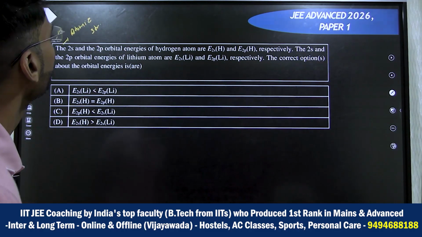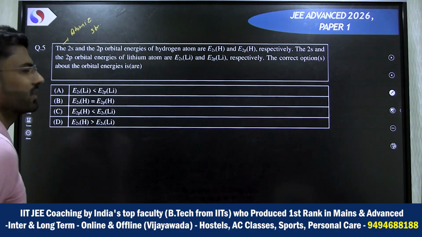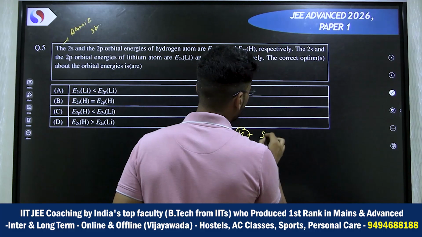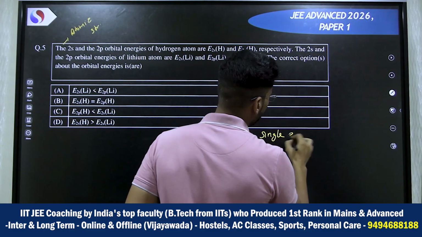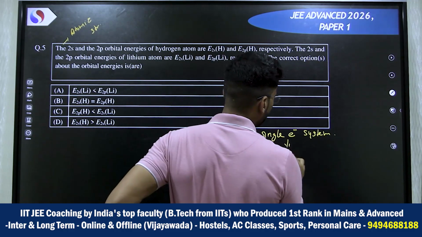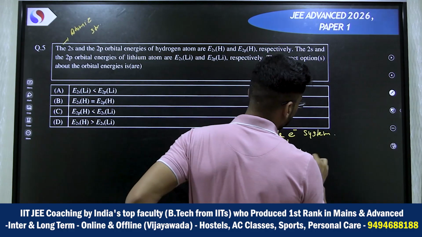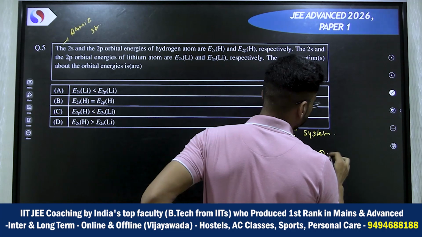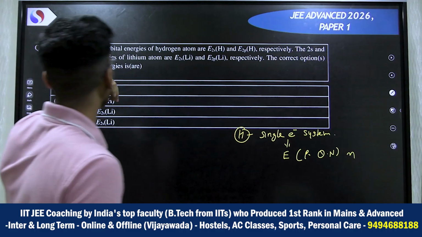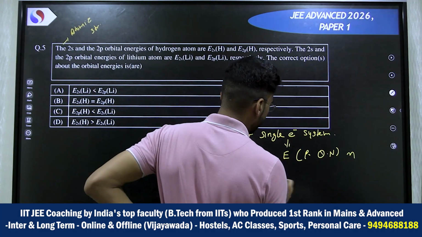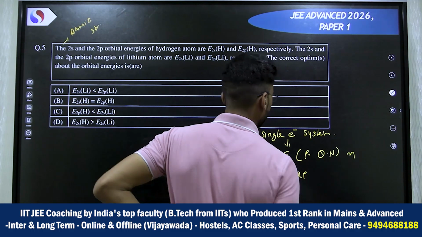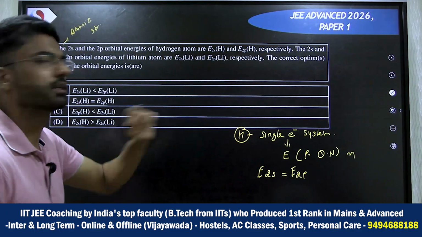For the hydrogen atom, which is a single electron system, the energy depends upon the principal quantum number, the value of n. They have given 2s and 2p, both have the same n, so the energy of the 2s orbital will be equal to the 2p orbital, because it is a single electron system.